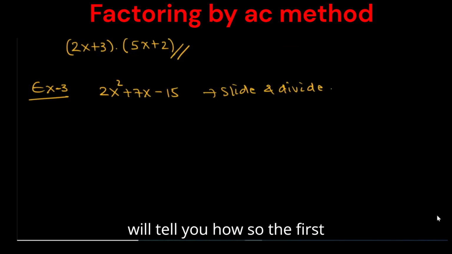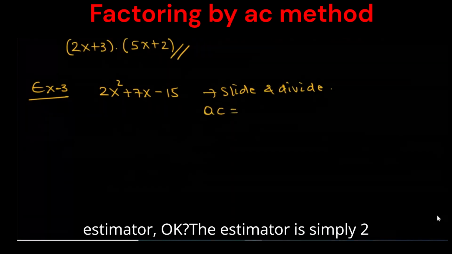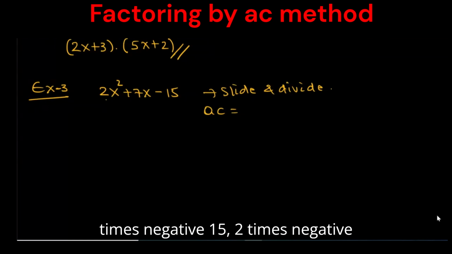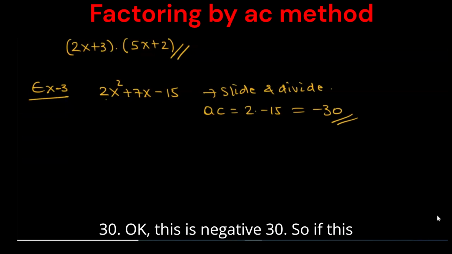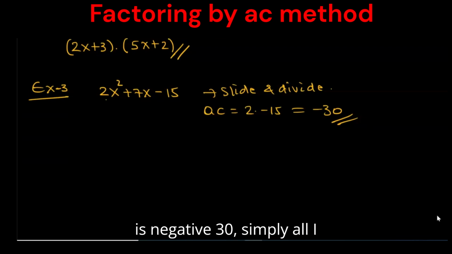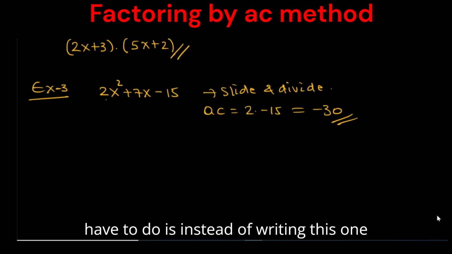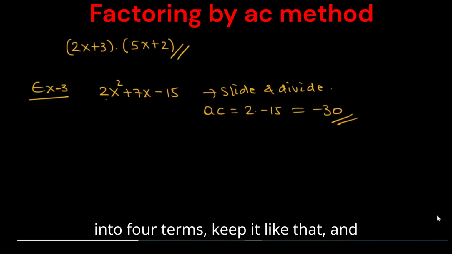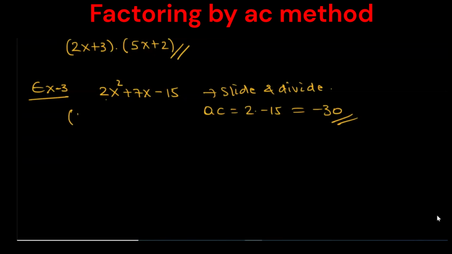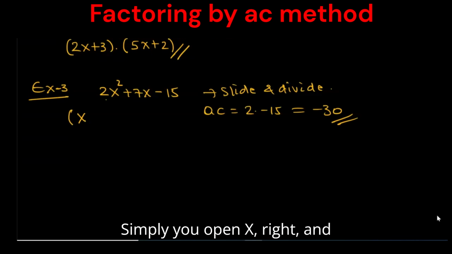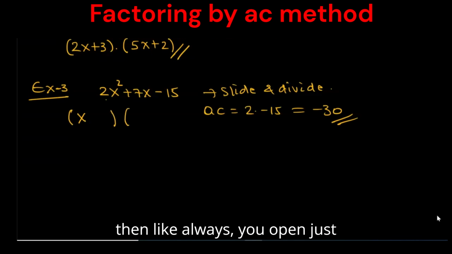The first thing is, as usual, do the AC method, which is simply 2 times negative 15, and that is negative 30. Instead of writing this into 4 terms, keep it like that, and simply open x, like always.